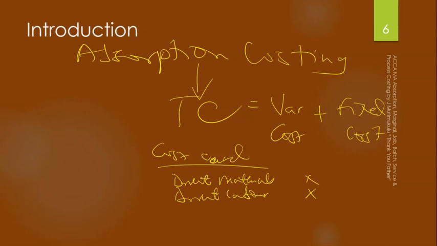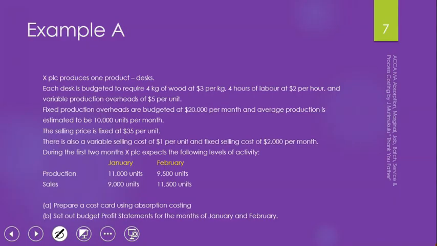Okay, let's just give them a value of X. Then we talk of overheads, production overheads of this much, and some fixed production overheads here, and we get our total cost of producing a product. Okay, this becomes the total cost. All right, so using this template, we can actually attack this first part of the cost card of a desk.